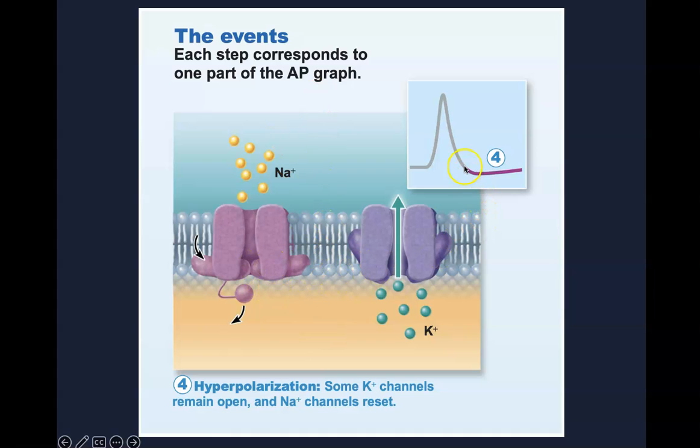At this point during hyperpolarization, until this evens out, it's going to take a greater than threshold change to trigger this sodium gated channel. But it can be triggered, because once that inactivation gate is released, then the activation gate can be triggered. It just has to hit that negative 55 millivolts.